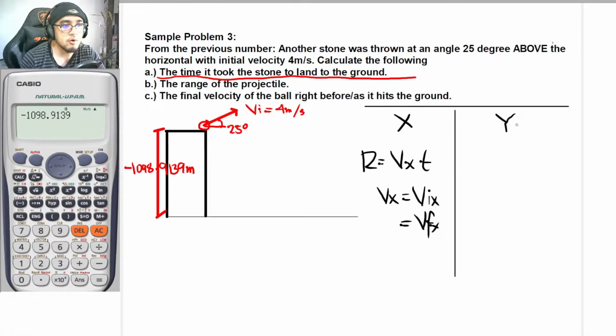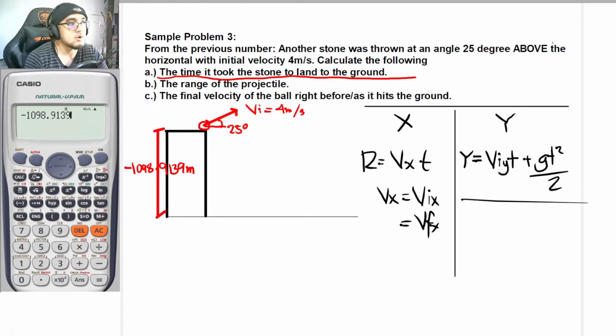But what about for Y? One solution that we can make use of here is your displacement Y, which is equal to Viy times t plus g t squared divided by 2. So can we make use of this equation? Do we have the value for Y? Yes, this is the value for Y that we solved for in the previous problem. Do we know the value of our Viy?